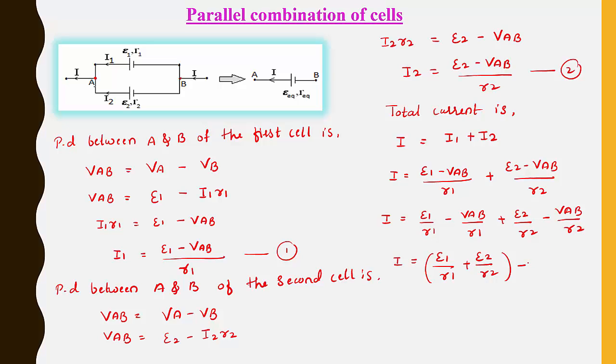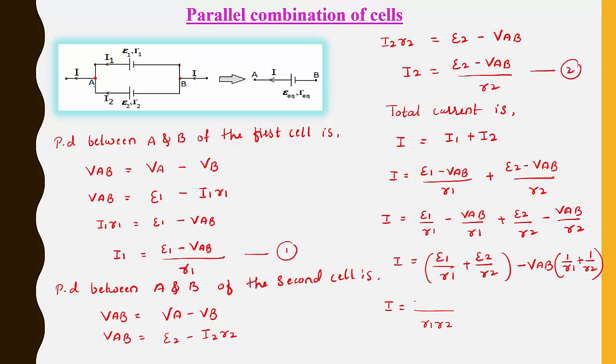So we can take VAB as common, minus VAB outside. Remaining is 1 divided by R1 plus 1 divided by R2. Is it clear? Or I can write this equation as I equal to E1 by R1 plus E2 by R2. Let us take the LCM, which is R1 R2.